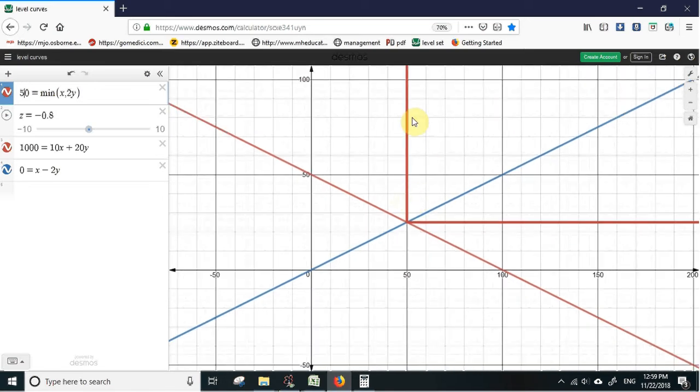The indifference curve is the L-shaped curve in this figure, and this is the budget line. So the consumer's equilibrium is at this point where the quantity consumption of the first commodity is 50 and the consumption of the second commodity is 25.